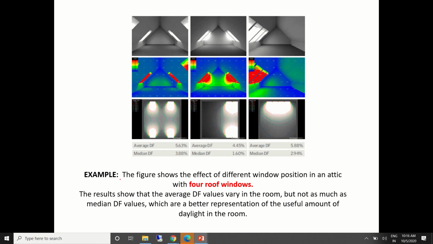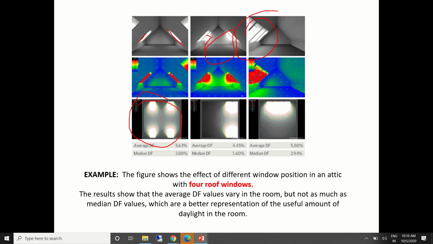This is one example where if you change the location of openings, on opposite directions, you can see the amount of daylight that is received as a result. But if you combine all four in one, or push it to one corner, it varies.